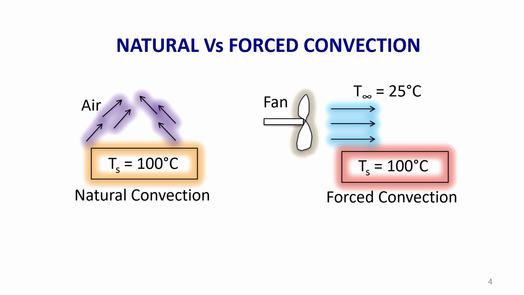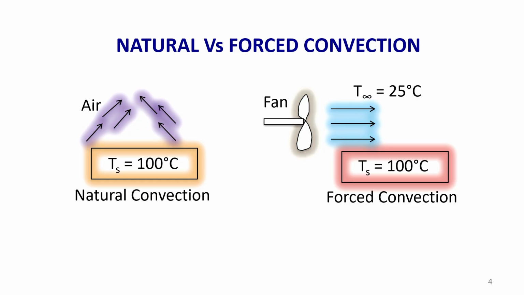This schematic depicts the difference between natural convection and forced convection. The other name for natural convection is free convection. As the name indicates, the process takes place naturally without the support or aid of any external source, external device. Here, suppose the surface is maintained at a temperature of 100 degrees centigrade.